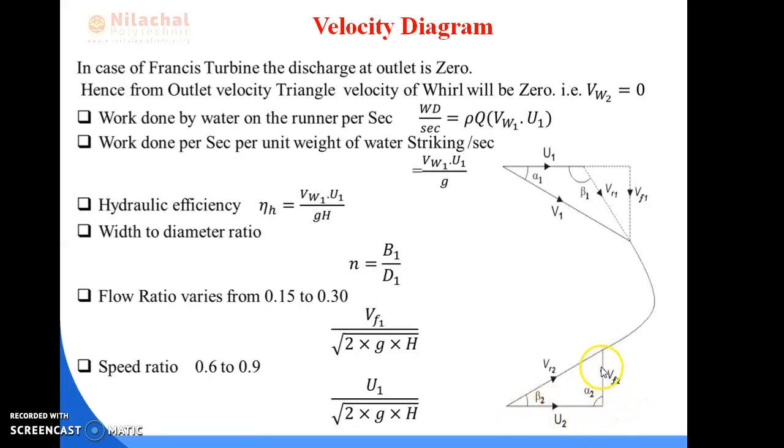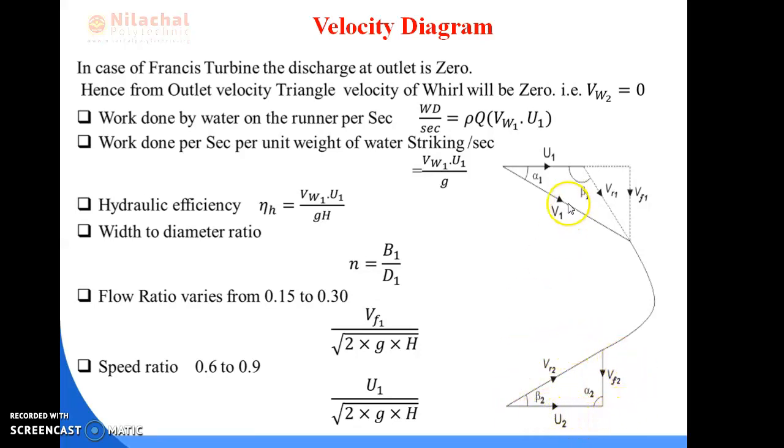So alpha 2 is equal to 90 degrees. Now VR2 is the relative velocity at the outlet. In this way we are getting the outlet velocity triangle.